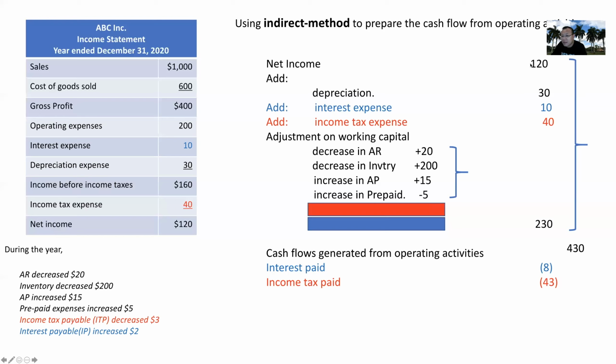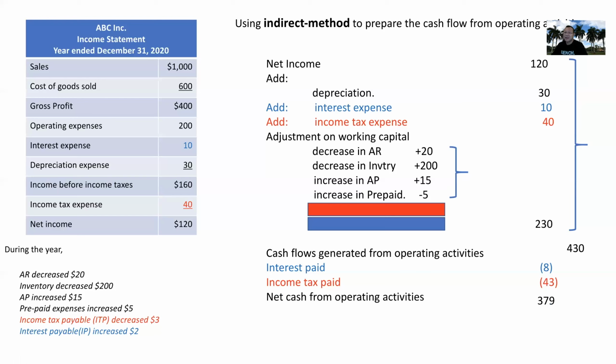So we call this number cash flow generated from operating activities. And then $8 paid for interest, $43 paid for income tax. My net cash from operating activities is $379.